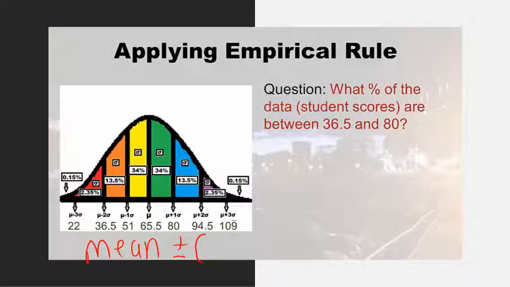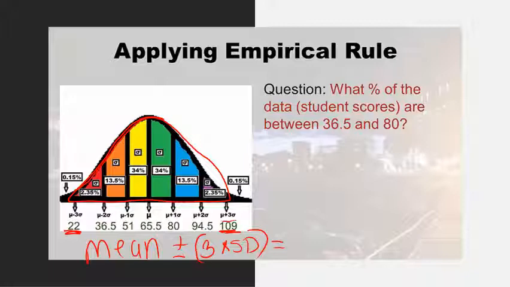If we're doing the third one, that's just 3 times whatever your standard deviation is. I went ahead and did this on my own. For the upper limit, using that formula, we got 109, and for the lower limit, we got 22. That means this whole section right here covers 99.7% of the data, I believe.